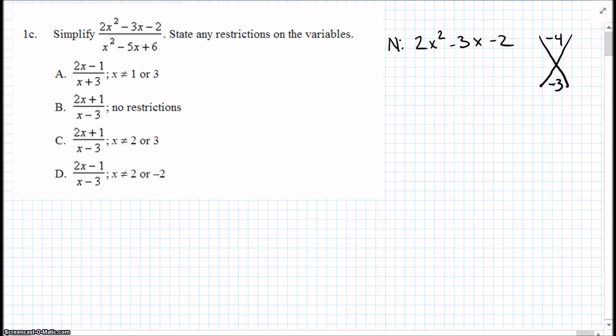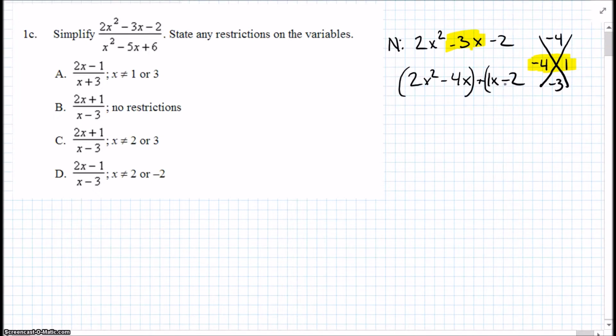So two numbers, a positive and a negative, with a bigger negative number, have a product of negative 4 and a sum of negative 3. Well, negative 4 times 1 meets the criteria. Okay, but since my a value is not 1, I have to replace that negative 3x with these two terms. So let's rewrite that. 2x squared minus 4x plus 1x minus 2.